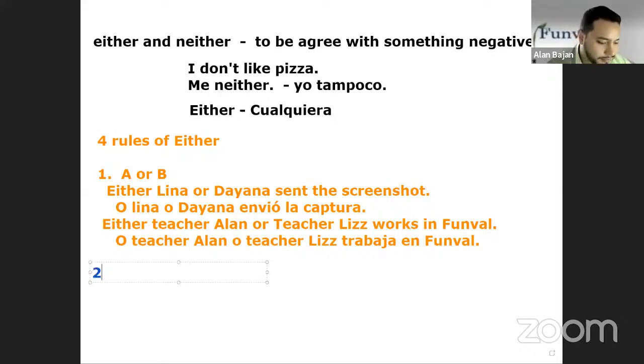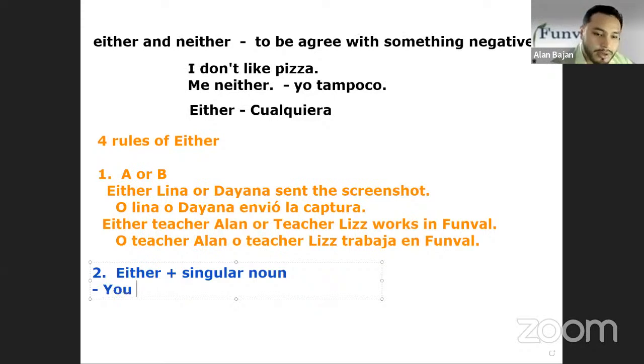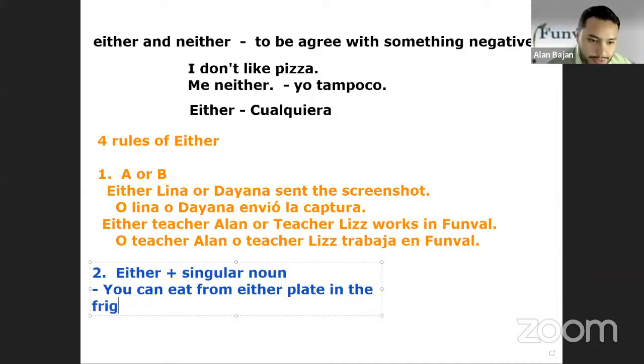Either plus a singular noun. Okay, so I will say, you can eat from either plate in the fridge.